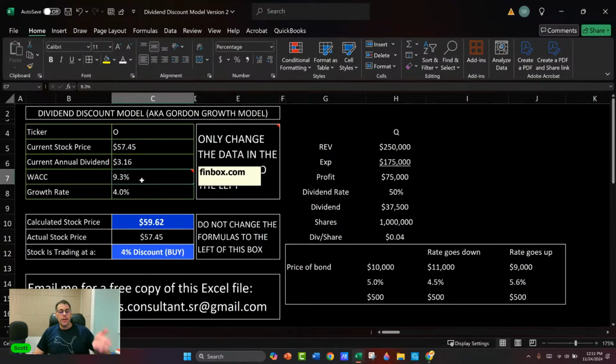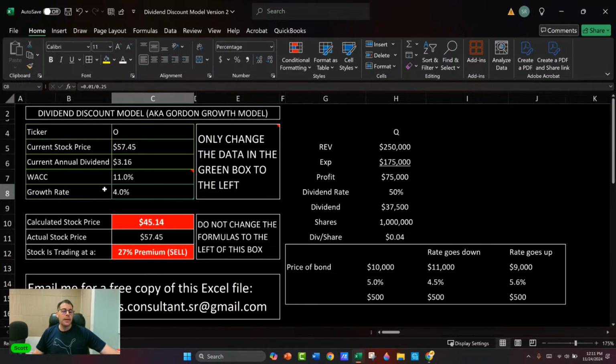You would just raise the WACC up, say, okay, instead of 9.3, I'm going to go up to 11 because I could see big problems in the future. They may not be able to collect as much money on their tenants. So you just raise the WACC to compensate for the risk. But that's all you can really do.